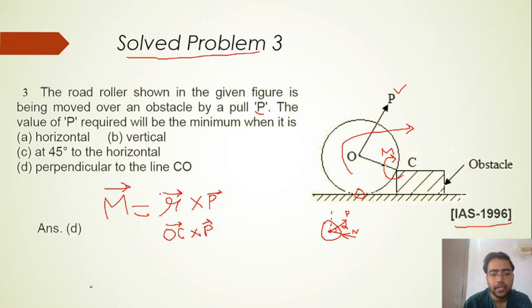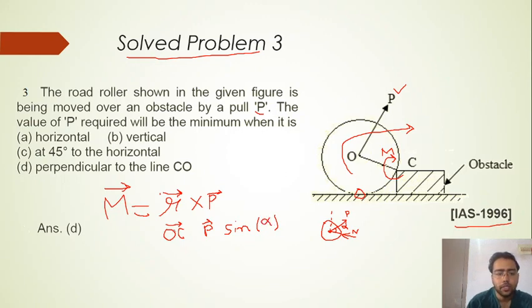When we remove this cross sign, we get sine of the angle between r and P. The angle is alpha, which I have already drawn here.